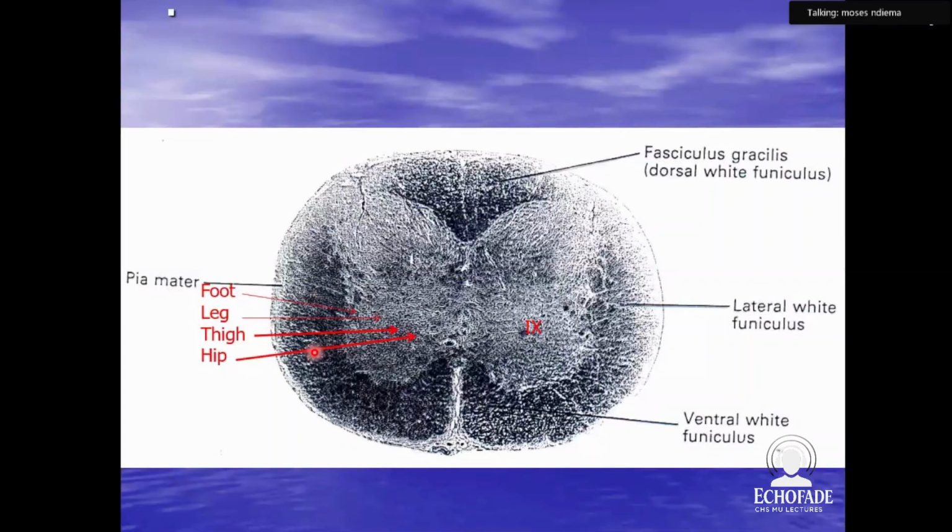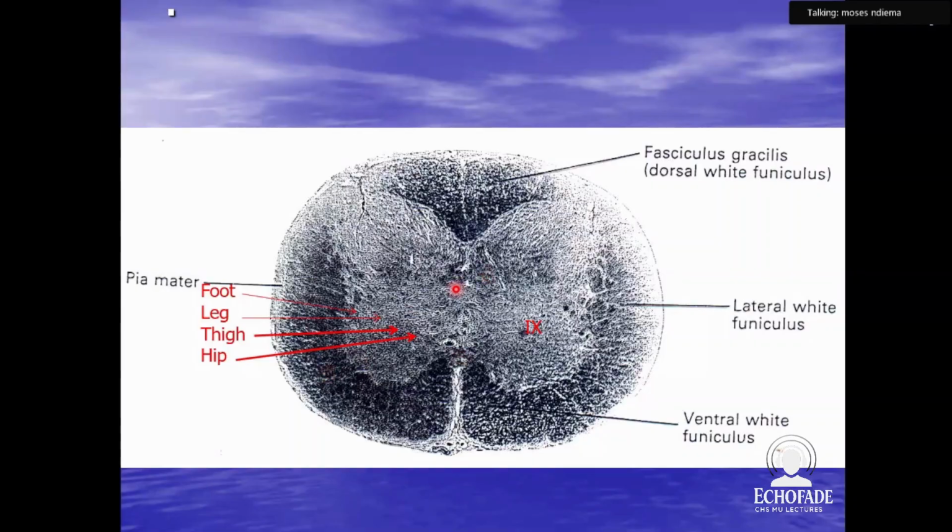The axon, which will be lying in this white matter, will then ascend to the brain, into the somatosensory part of the cerebral cortex through the thalamus. But we'll be looking at that somatosensory cortex later.